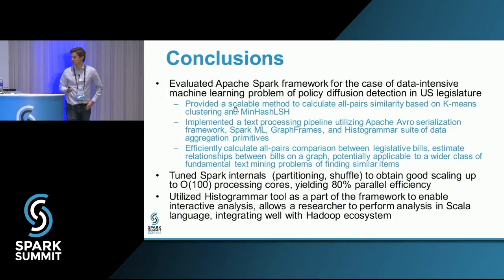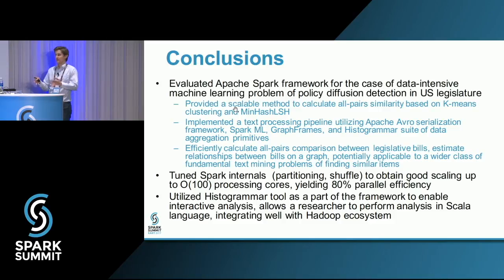And that's all for my talk. So let me just say what we did. We've evaluated Apache Spark for the data-intensive machine learning problem of policy diffusion detection at scale. We provided a scalable solution for all pairs similarity calculation based on Kmeans and min hash.